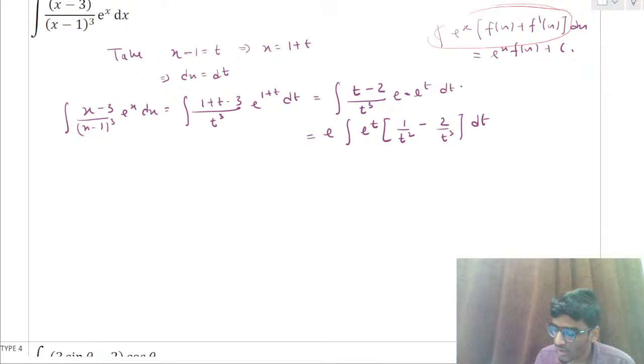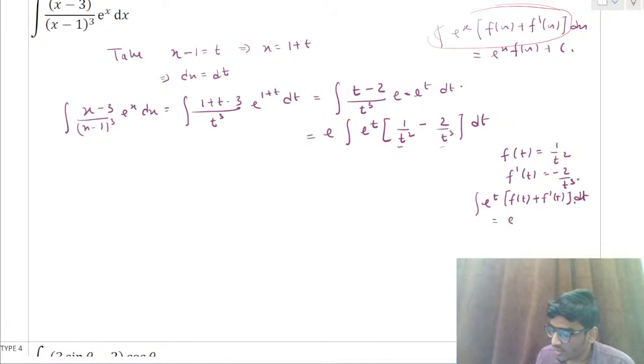As we can see, the integrand becomes this form. Here we take f of t as 1 upon t square, and f dash t will become minus 2 upon t cube.